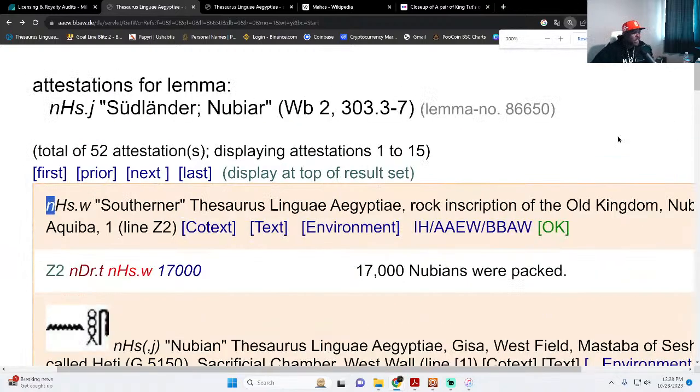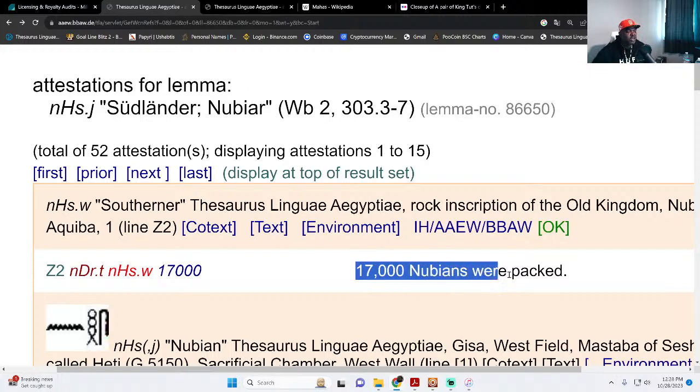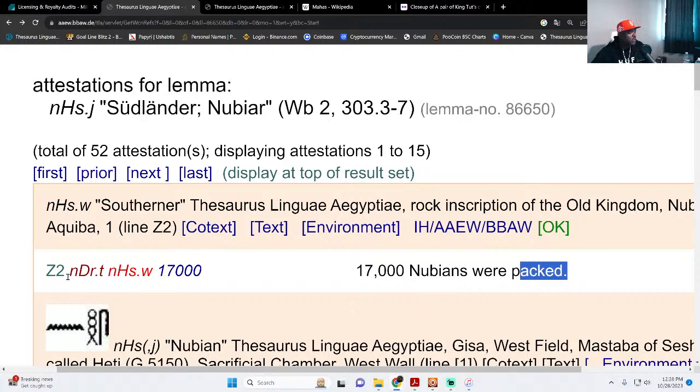All right. Now look, the first statement we see says 17,000 Nubians were packed. This word translated as packed is going to be like to seize, to fight off, seize, and control. I don't want you to think like captured and kidnapped.